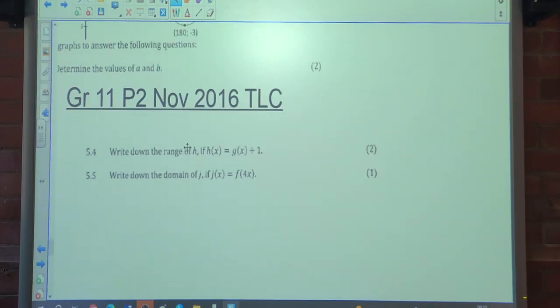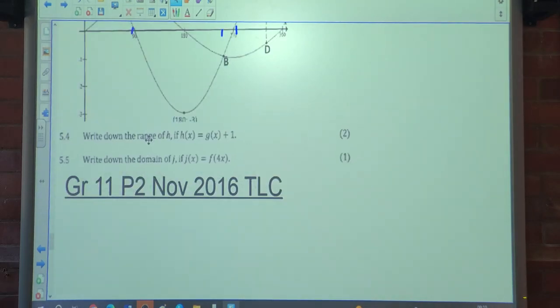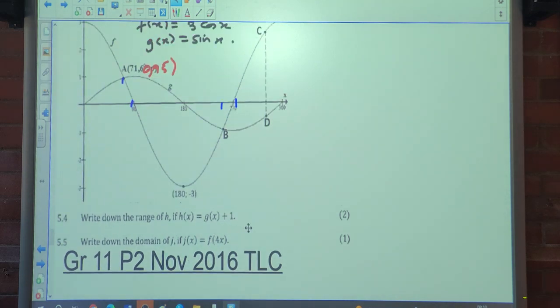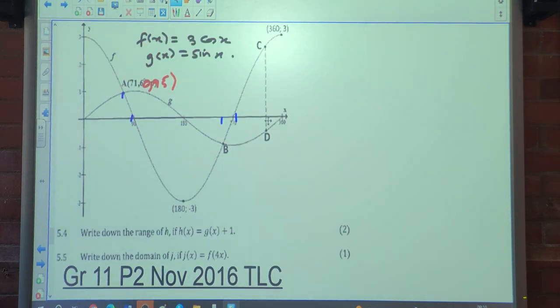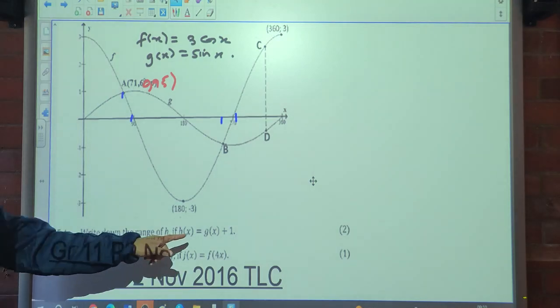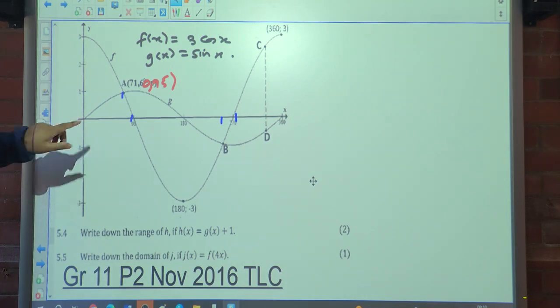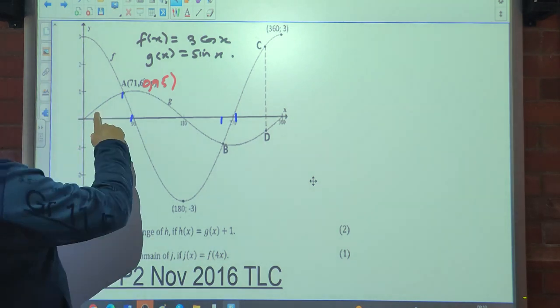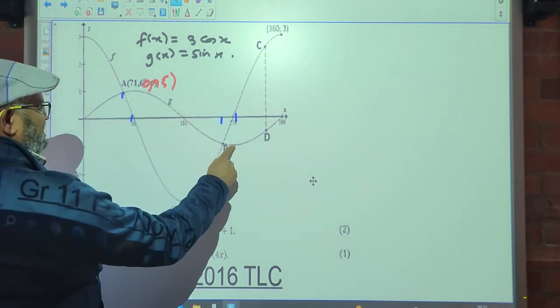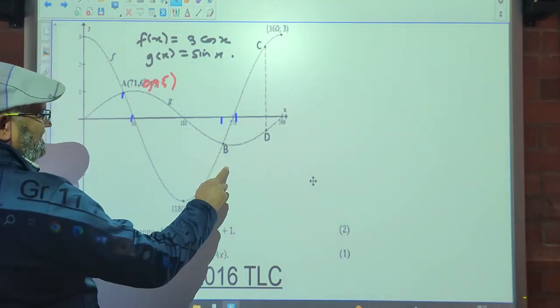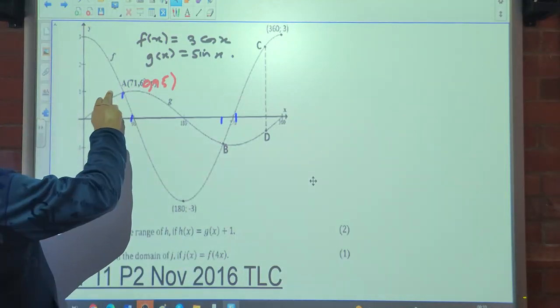Now we are asked to write down the range. So if you're looking at the range of h, if h of x is equal to g of x plus 1, so what is the current range of g of x? So if you're looking at g of x, the range is going from 1 to negative 1. So the range of g of x is y is greater than or equal to negative 1 but less than or equal to 1.